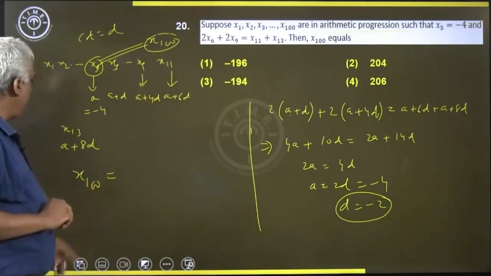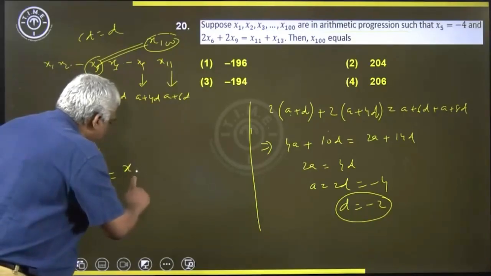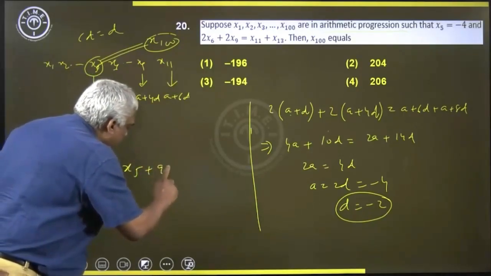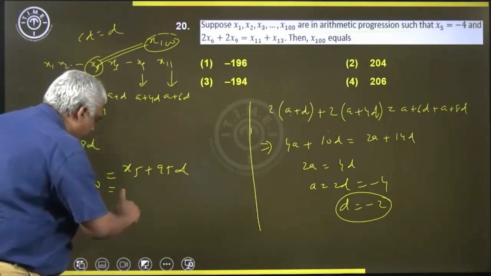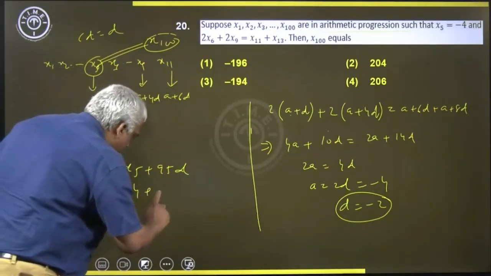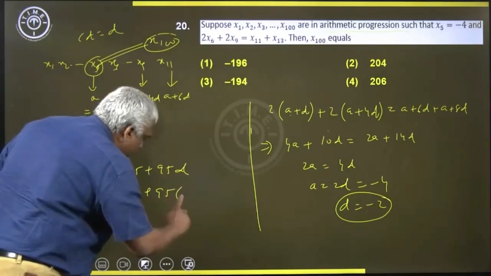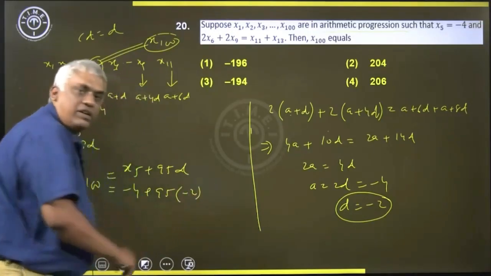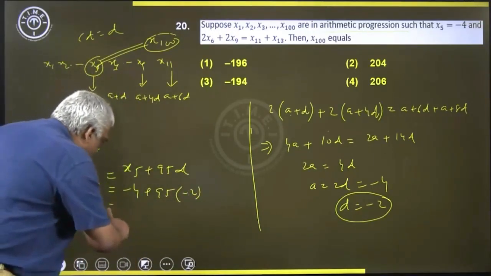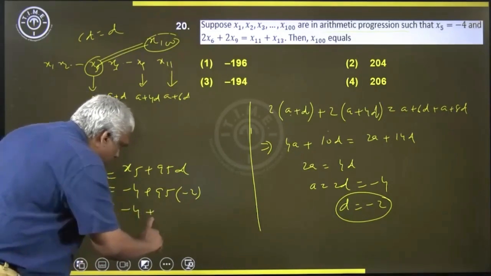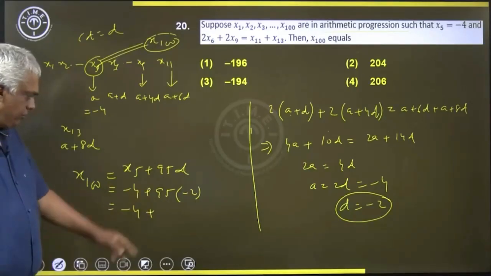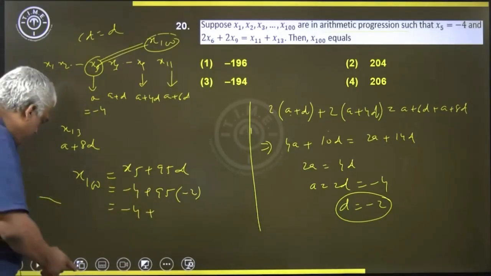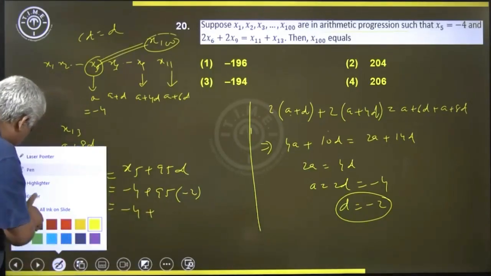So x100 will be x5 plus 95 times D. x5 we already know is minus 4, plus 95 into minus 2, D is minus 2. So it is minus 4 plus 95 into minus 2; 95 doubled is 190, so it will be minus 190.